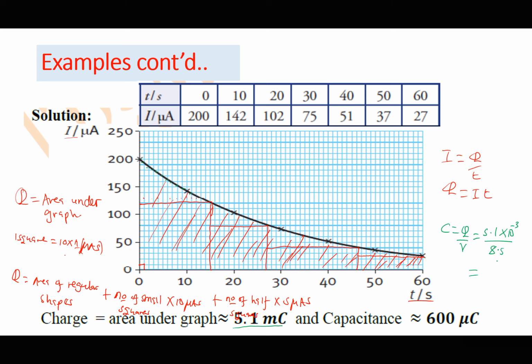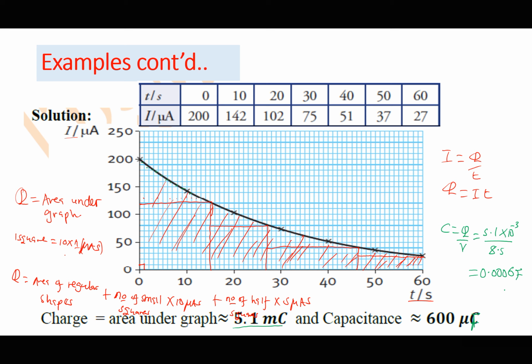So this gave me 0.006. These are farads. This is not microcoulombs, it is microfarads. So if I change to micro, I divide this by 10 to the power of minus 6.